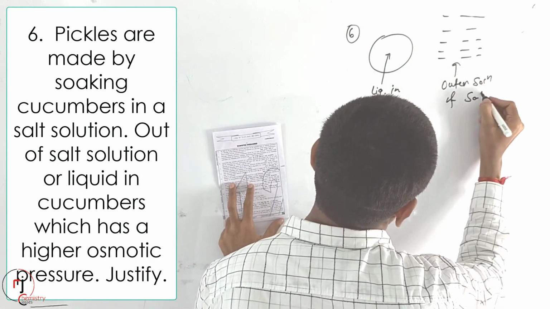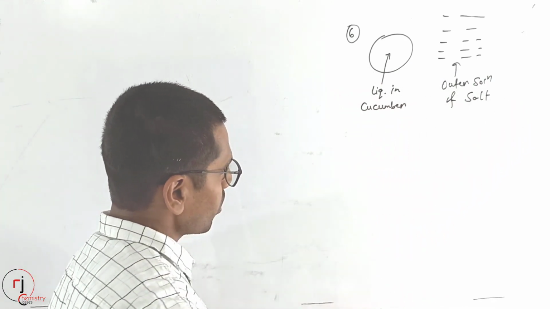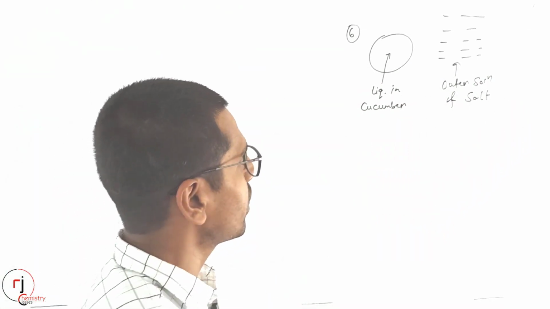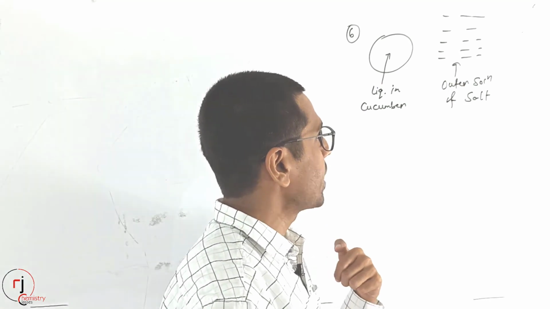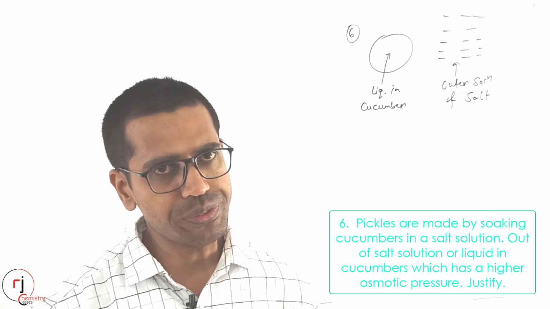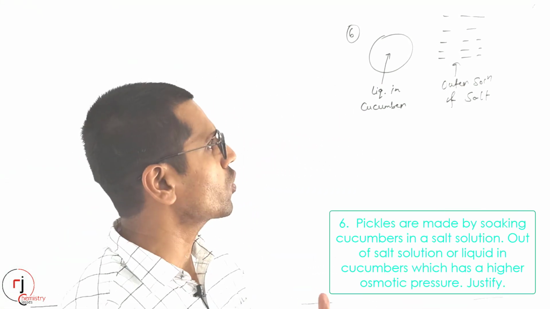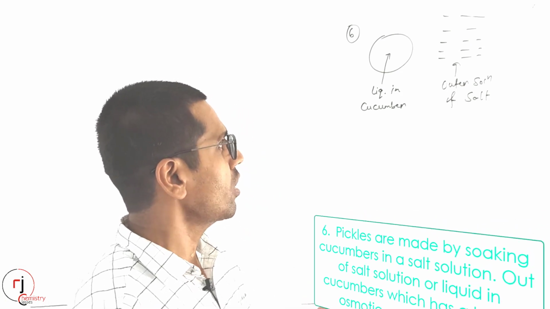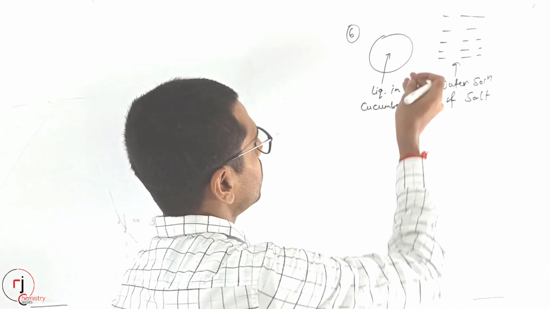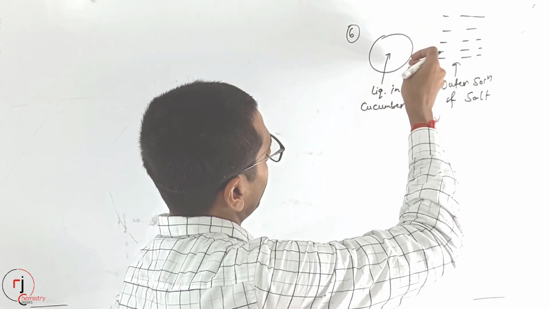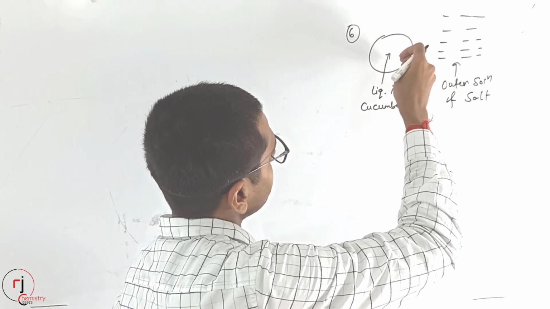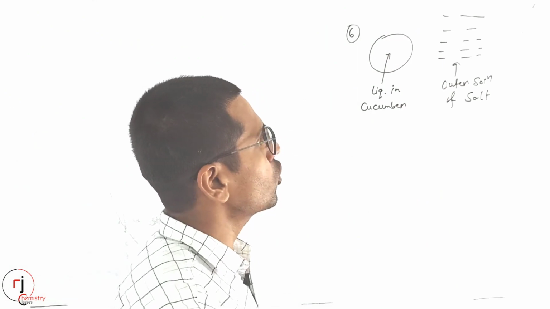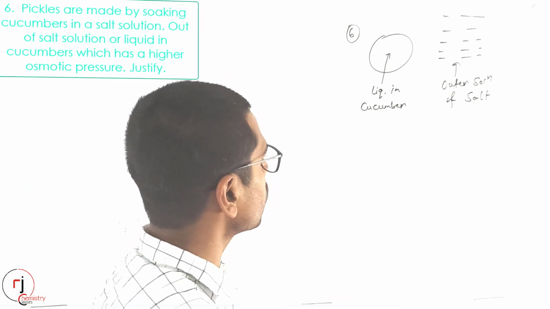Okay, student. As we already studied in the application of osmotic pressure in the previous lecture, how we make pickles, mango pickles, etc.: after the addition of salt, the excess water or moisture present inside the cell is removed due to osmosis. Why does osmosis occur?